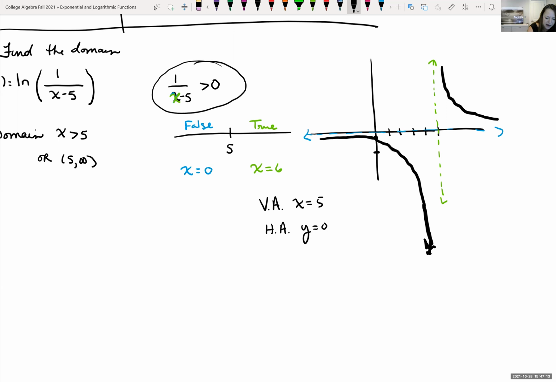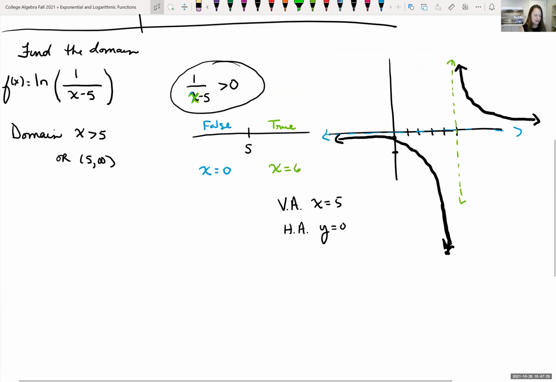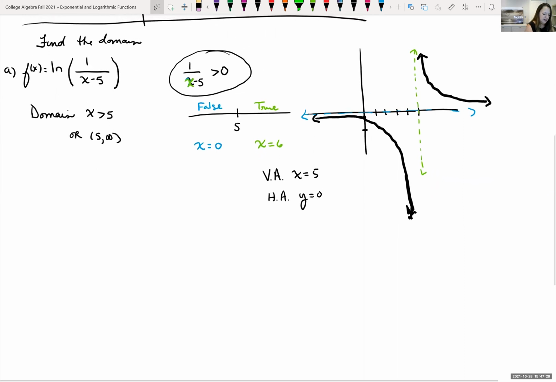And so knowing where our asymptotes are, we should know what the graph of 1 over x minus 5 is. Okay, that was just a review. We really didn't need to do that, but you could have used that to find your domain, figuring out when that inner piece, that 1 over x minus 5, is positive.